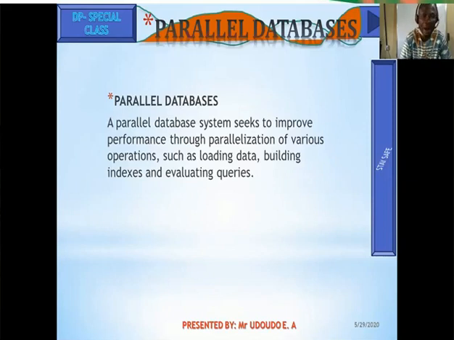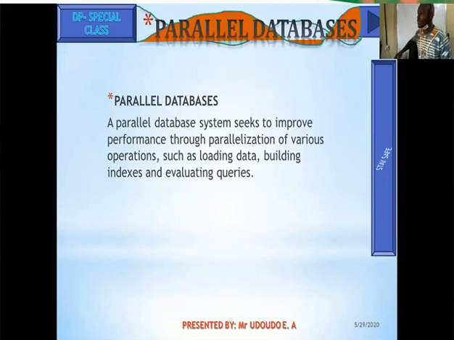And so, parallel database or databases. We are talking about what? That is a system that seeks to improve performance through parallelization. Parallelization, talking about what? Parallel. When you talk about lines, in mathematics, geometry, you say parallel lines.